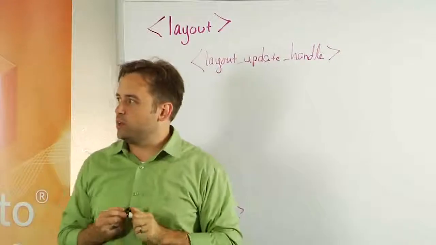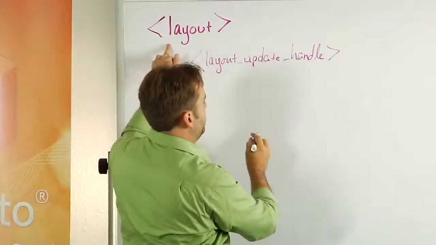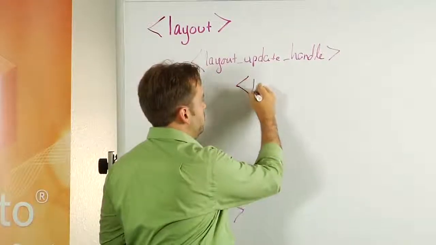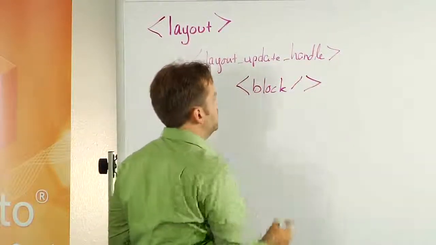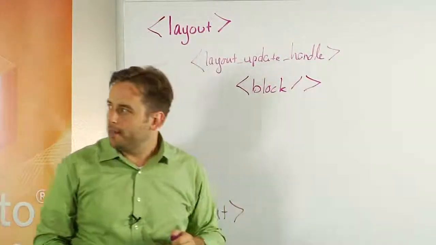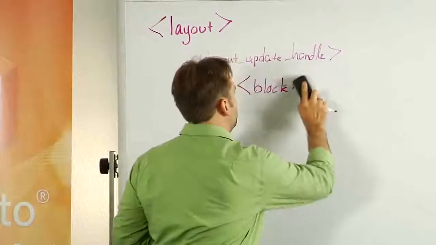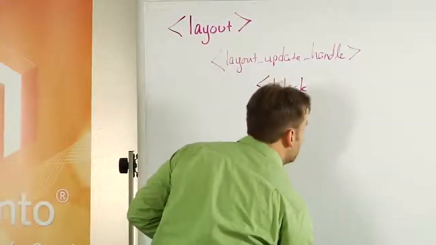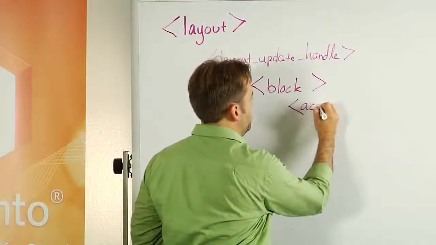A layout update handle may contain a block. So a block would never be directly under layout. It'll always be under layout update handle. A block, actually, as we just saw, can have an action.